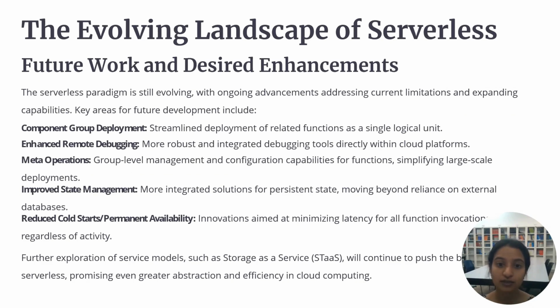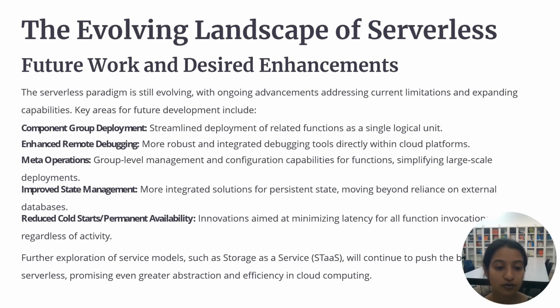The last one is the future scopes. Where can we improve in this to improve our production? You can use component group development, the streamlined development of related functions as a single logical unit. You don't need to program different things. You can just use a single simple program that can use different logics to complete the task.